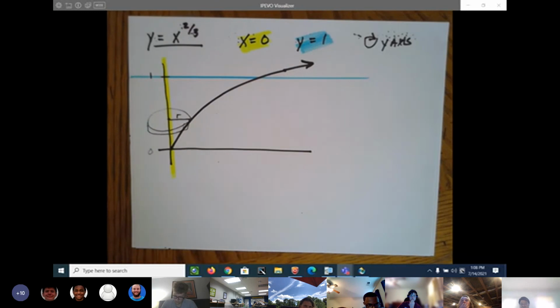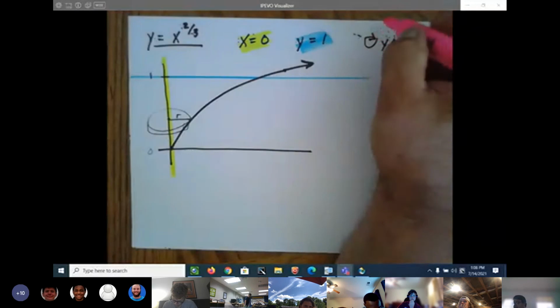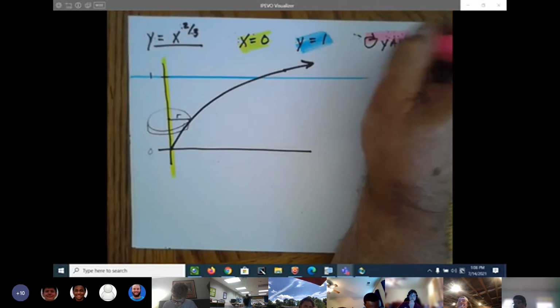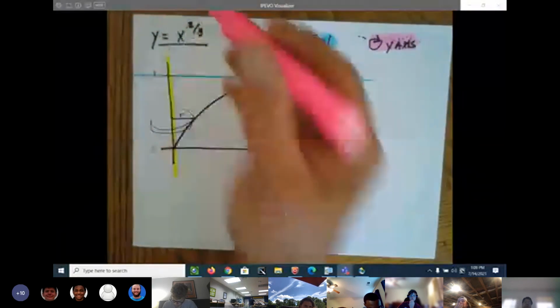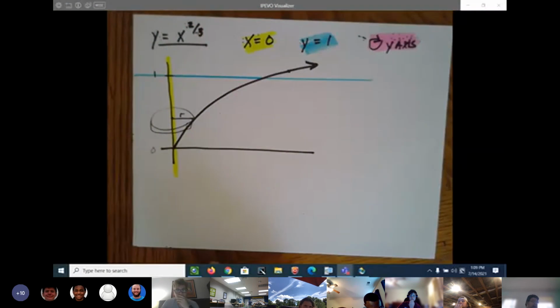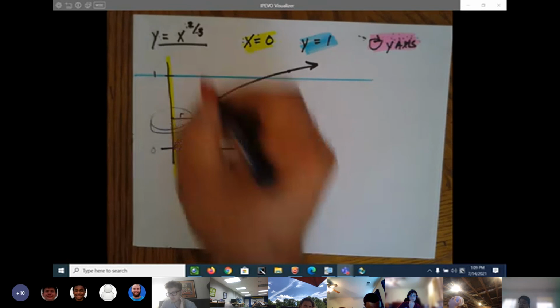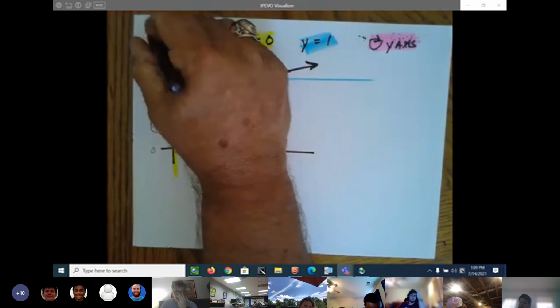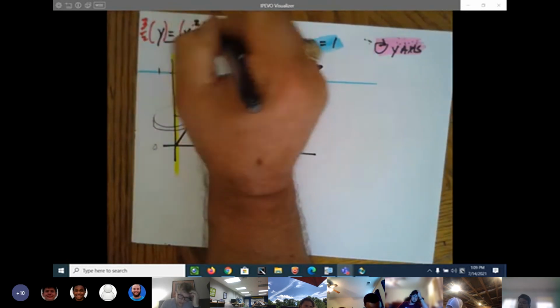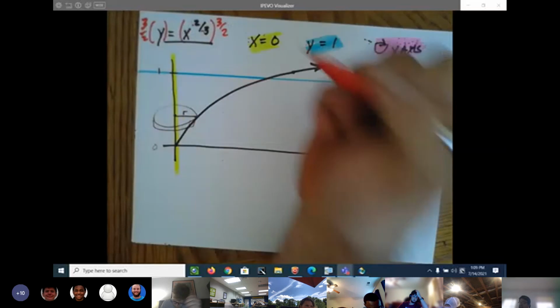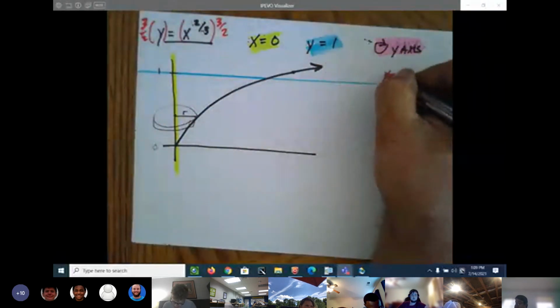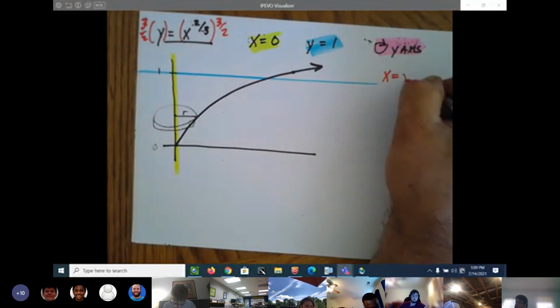So the drawing will tell you what to do. You just got to discern from looking at it. We know that this is around the y-axis, so that tells us we got to put this in terms of y. So we got to solve for x. So x is equal to y to the 3/2 power.